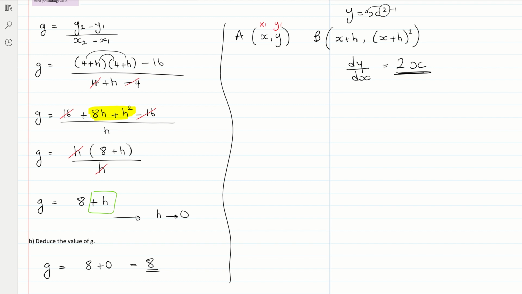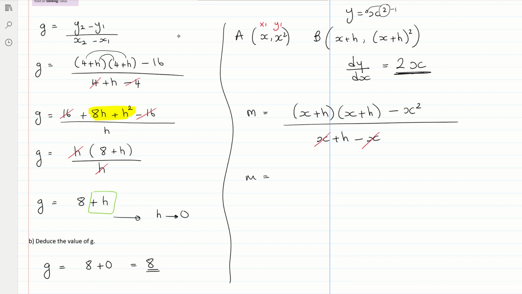Well, what you end up with is that value. That's the gradient function. So we have the gradient is y2, (x plus h) times (x plus h), minus y1, which is x squared because y is x squared, over x plus h minus x. x, take away x, gone.